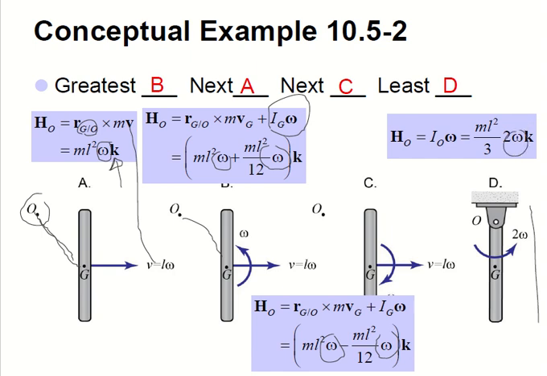So therefore, again, you do the reverse thing. With the regular momentum, it is going to be D, C, A, and B, because this is going to be the greatest linear momentum. Yes, so if you go separately, it's going to be the least, followed by C, and then A, and then, of course, B.